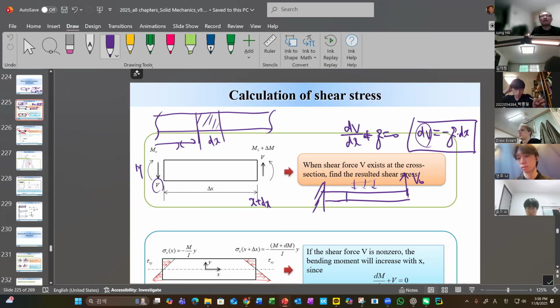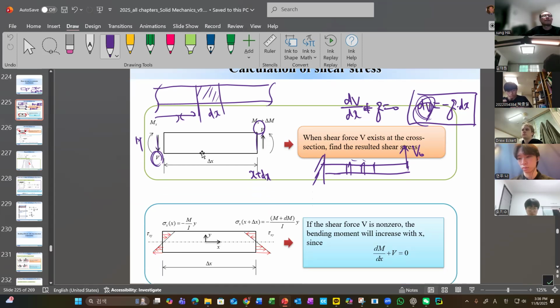But at any cross section, there will be a shear force. You may wonder how there is a shear force when there is no distribution. Well, the shear force increment may disappear. We may not have an increment, but we could have some constant V. So constant V on the positive side, and on the negative side it's minus, without an increment.